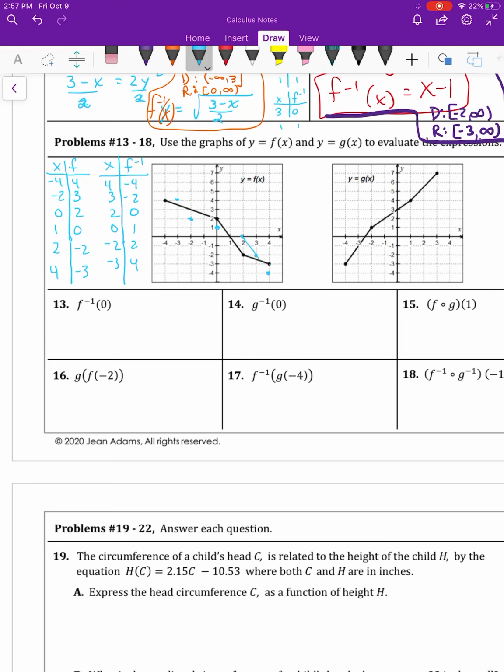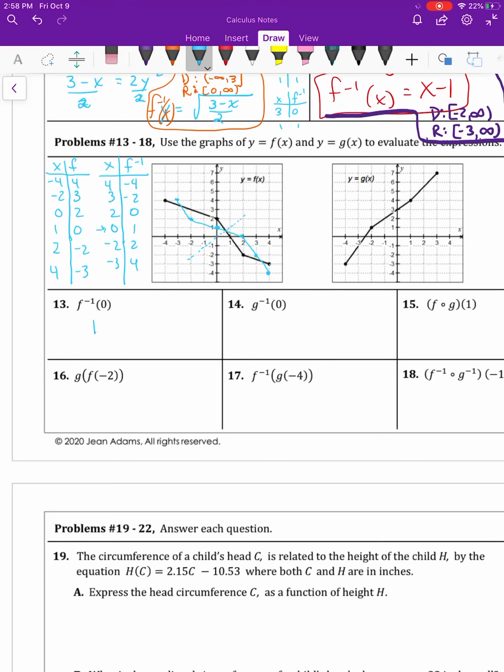So, connecting them. Okay, that's your y equals x. And you can see that it's a reflection across the line y equals x. All right, so F inverse of 0. I'm going to go right here. F inverse of 0 is 1.